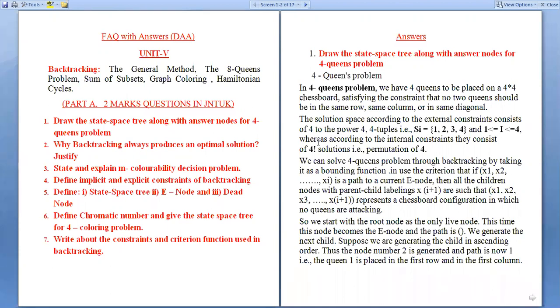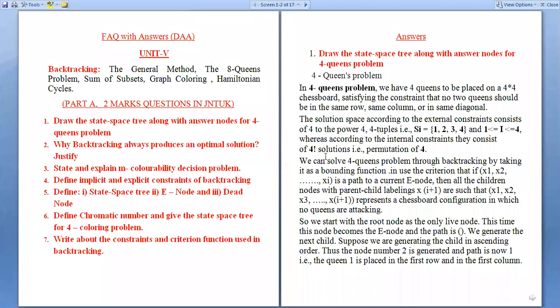Whereas, according to the internal constraints, it consists of factorial 4 solutions, that is, the permutation of 4. So based on external constraints, 4 to the power of 4 is the solution space, whereas based on internal constraints, it is factorial of 4 solutions.